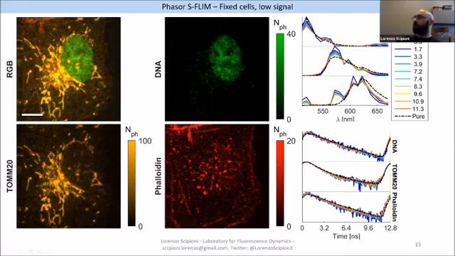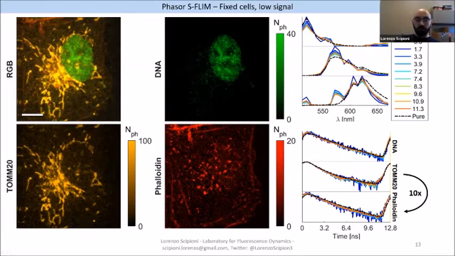So we went down to an average of 0.6 photons per pixel per dye. And then we can see that both the spectra and the lifetime is still recovered pretty well, even when one of the fluorophores, in this case this one, is much brighter than this fluorophore here. Again, here we have a complete overlap of the three sequences.